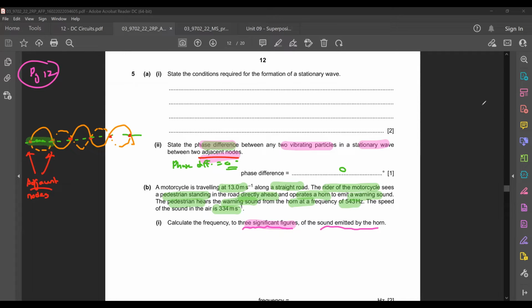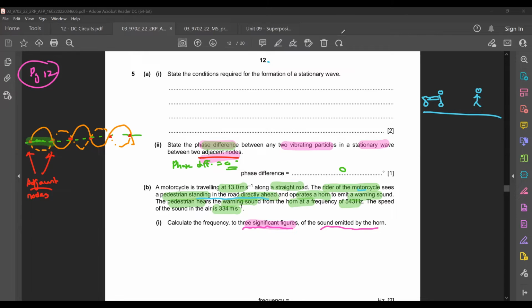Okay, so in my case here, your pedestrian is this person here. Okay, and then you have a motorcycle that is traveling towards the pedestrian. Okay, this is a motorcycle. All right, so the rider of the motorcycle sees a pedestrian standing in the road directly ahead.